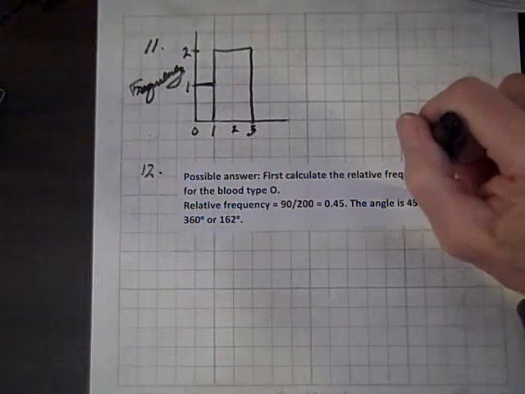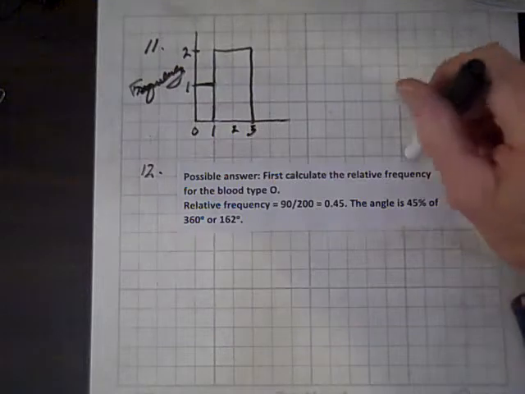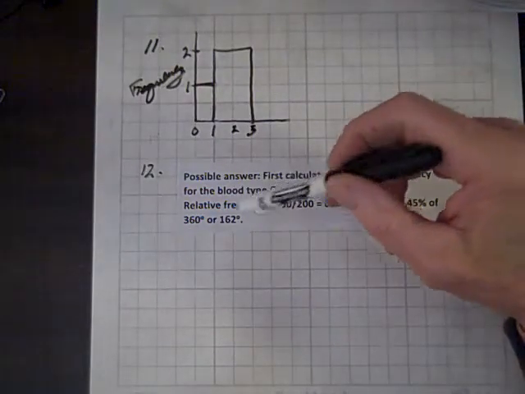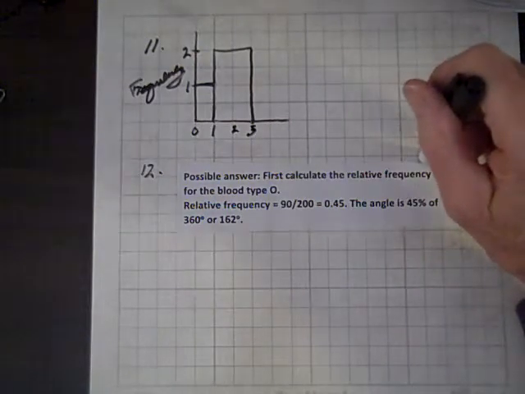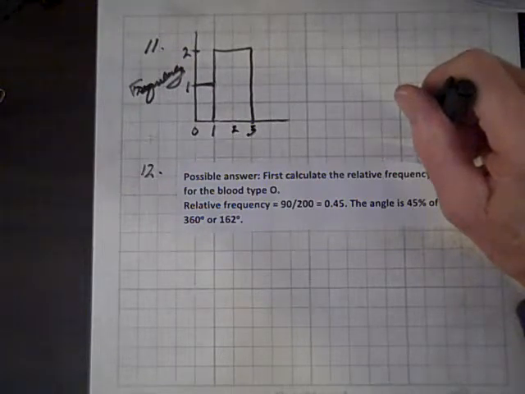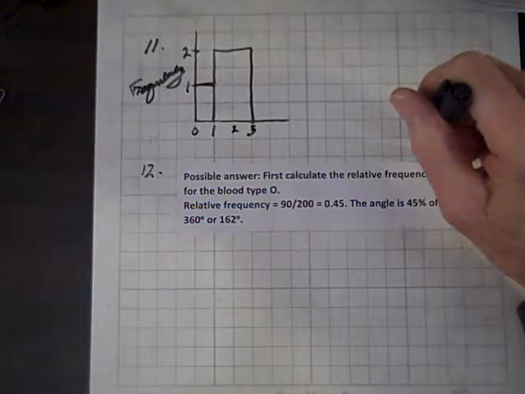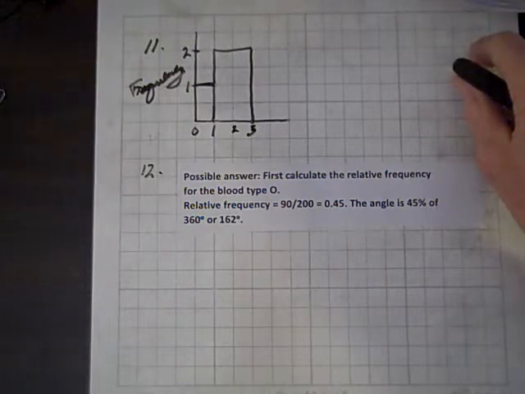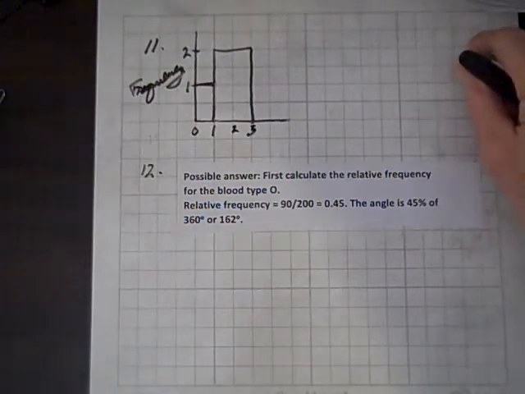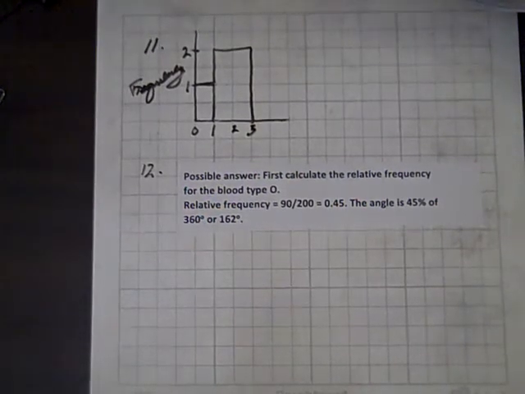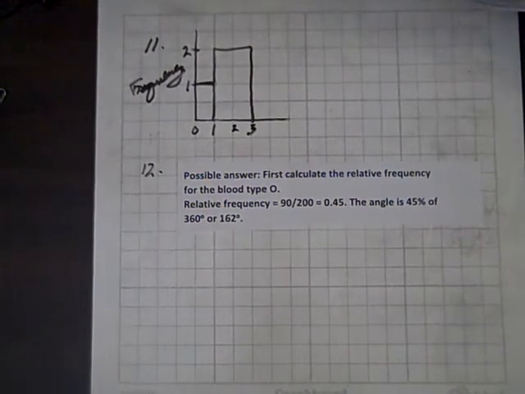And so the angle is 45% of 360 degrees, or 162 degrees. And so we've got it. And that's it for 5C, I think.